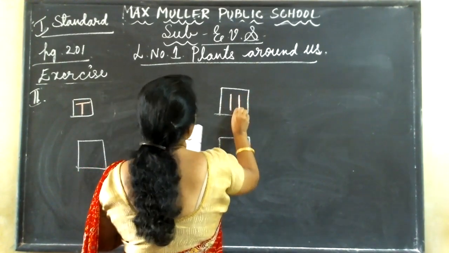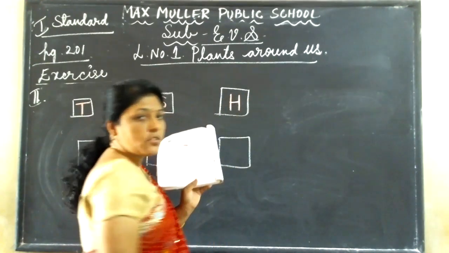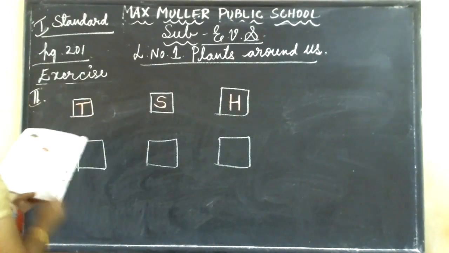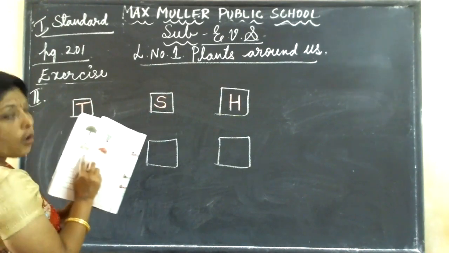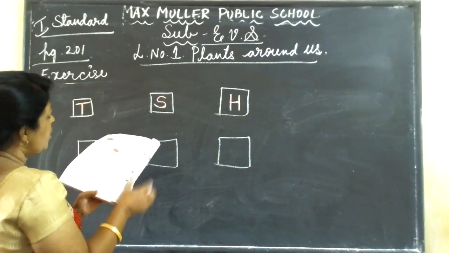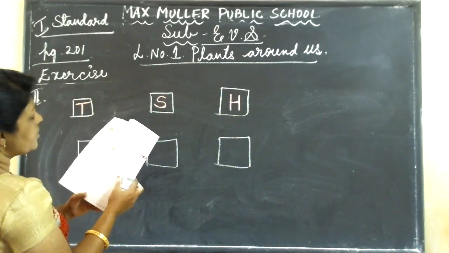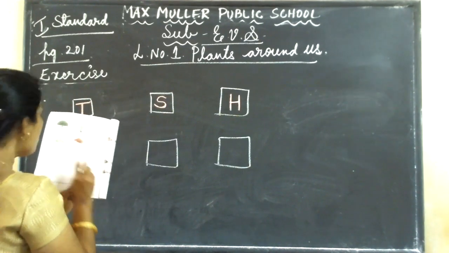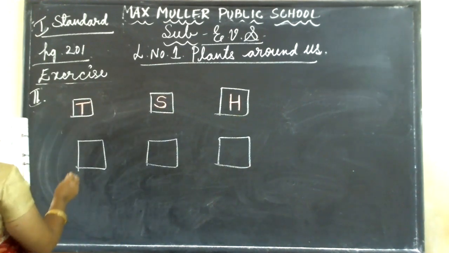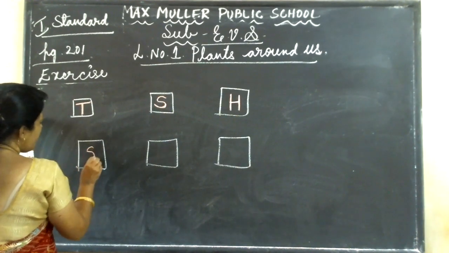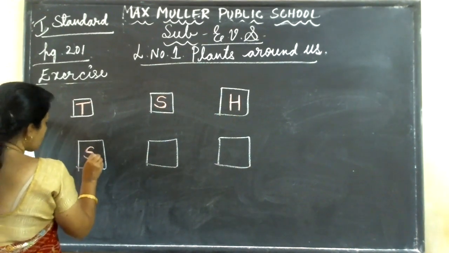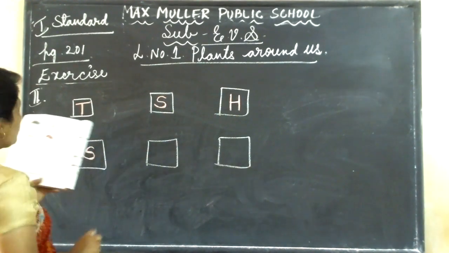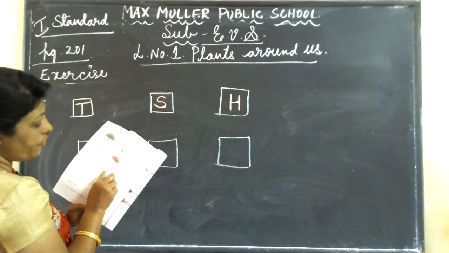That is, you should write H. Then come to the fourth picture. It is a cotton plant, isn't it, children? Though it is bushy also, this is an example of shrubs.